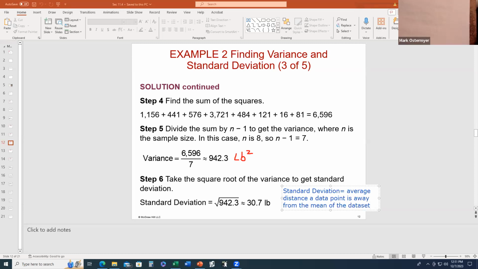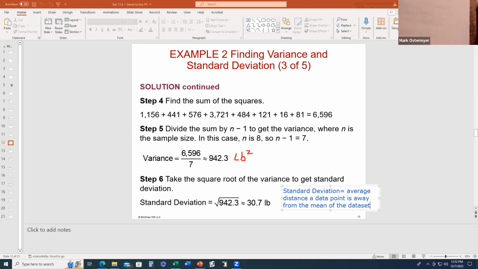There you go. That's what a standard deviation is. It's an average. It's an average of the differences between a data point and the mean of the data set. So it's the average distance that a data point tends to stray away from the mean of the data set.